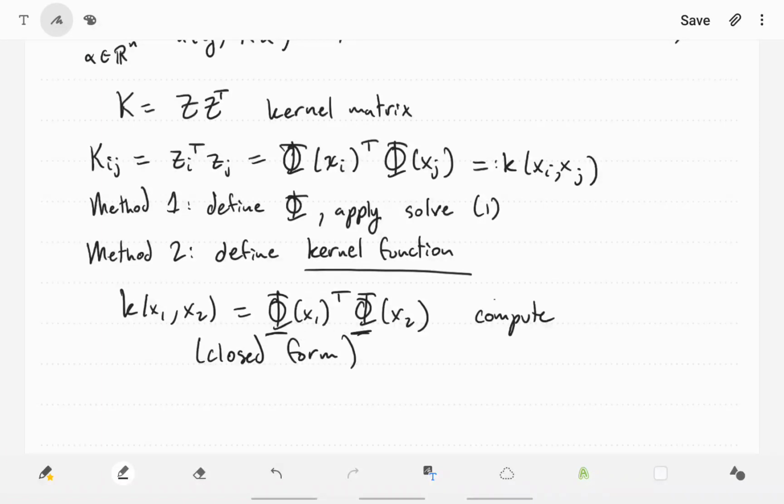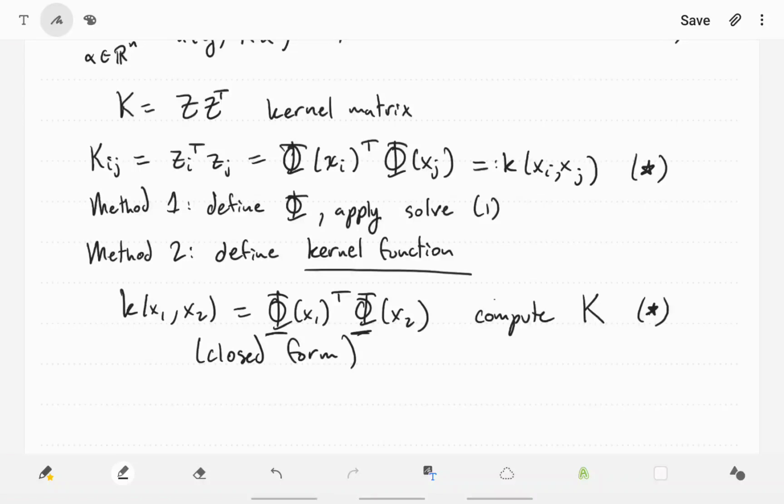Let's analytically figure out what an inner product between the high dimensional embedding at two different points is, and then write out this kernel explicitly in closed form, and then we can compute the similarities based on this kernel function between x1 and x2 for every point in our data set. And so then we compute capital K according to this equation star.